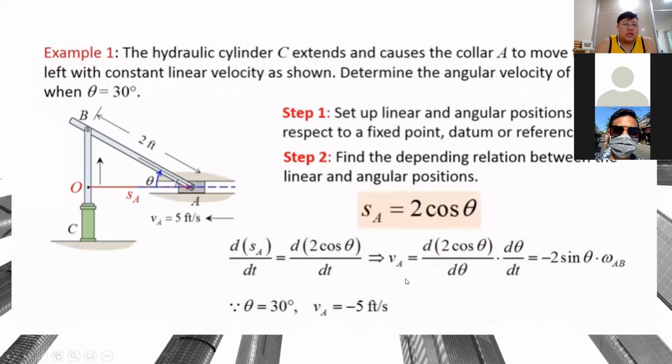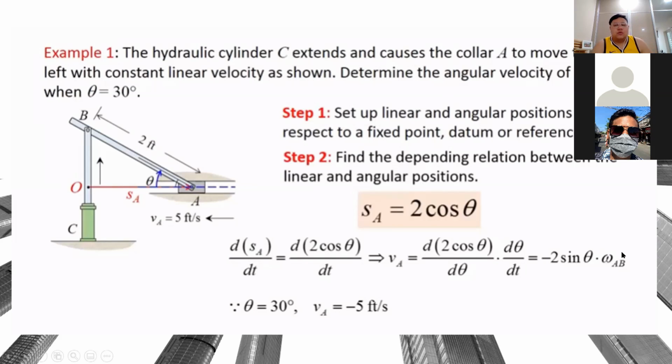Okay. The question asks for the angular velocity of rod AB when theta equals 30 degrees. So, angular velocity is also known as omega. So we know that the angular velocity of rod AB when theta equals 30 degrees is omega AB.